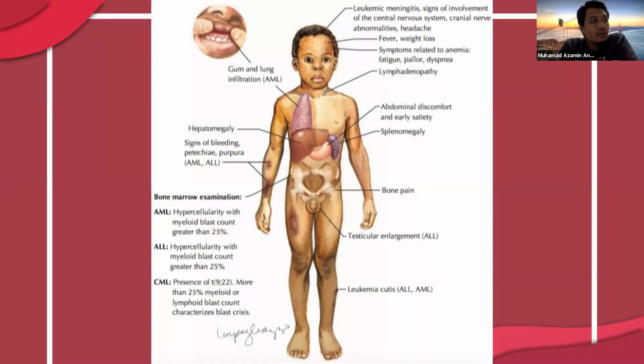So it is very important that you mention that, especially in leukemia, the higher your white cells, the higher the risk of developing acute tumor lysis syndrome. You mentioned the mediastinum mass.